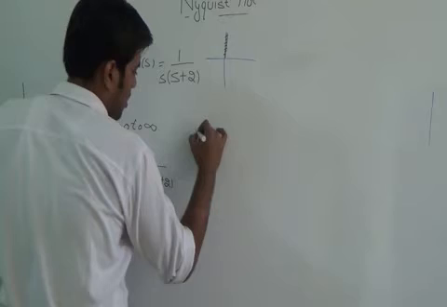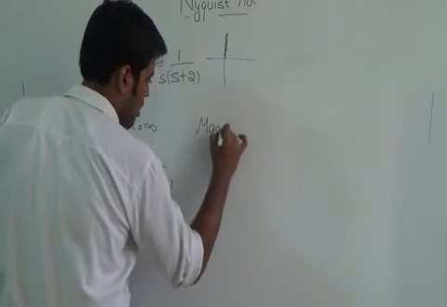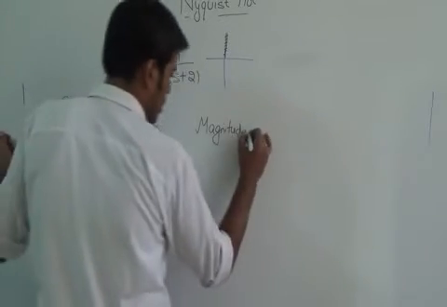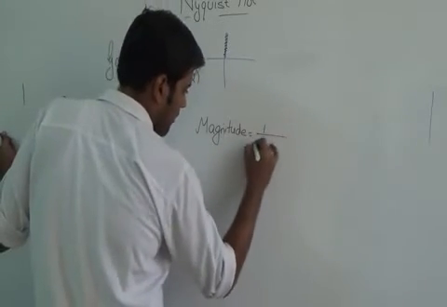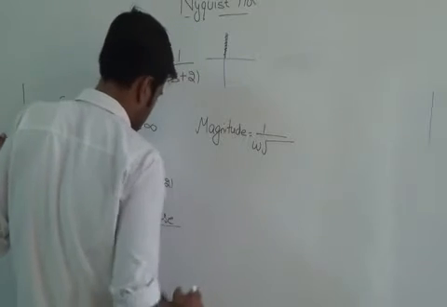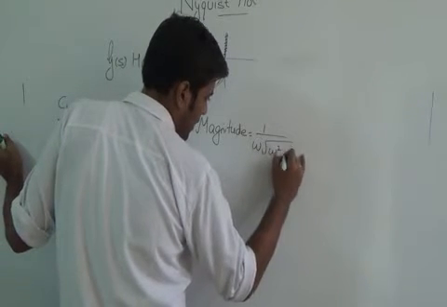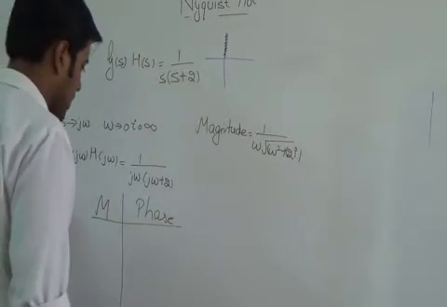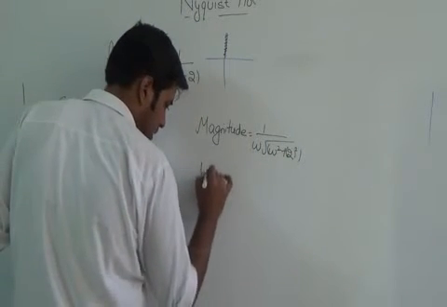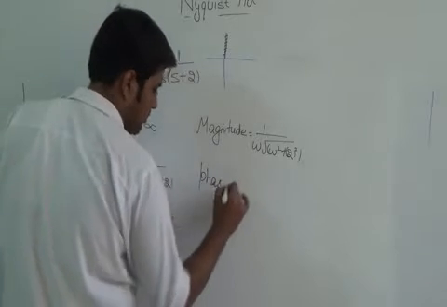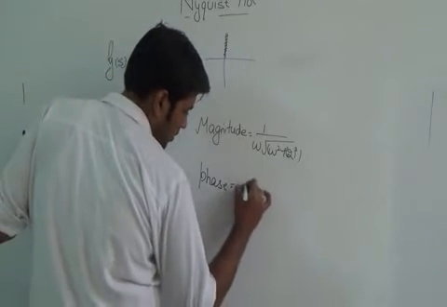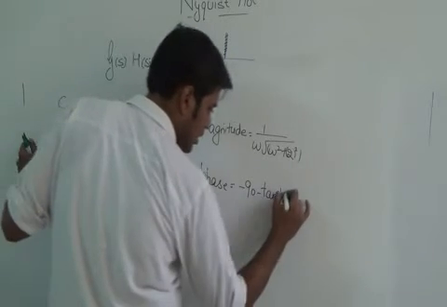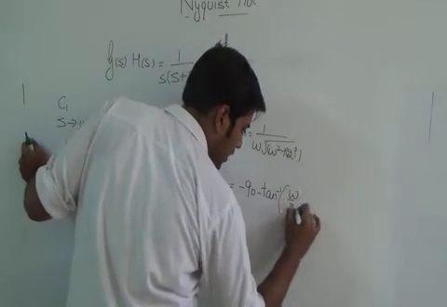What is its magnitude? Let's do scale. Phase is minus 90 minus tangent inverse omega by 2.